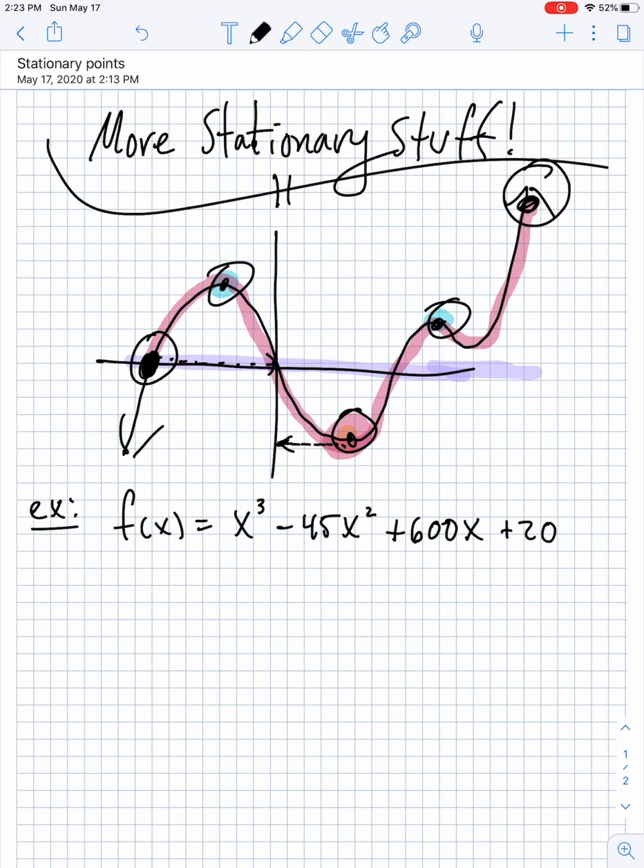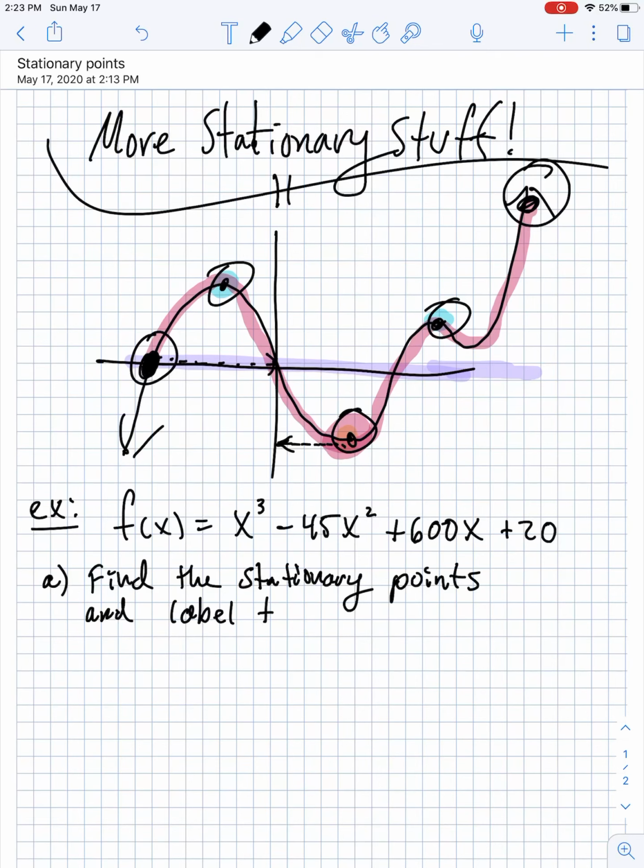The first task: find the stationary points. And we're going to find the actual coordinates of the points. Find the stationary points and label them as local maxes or mins.